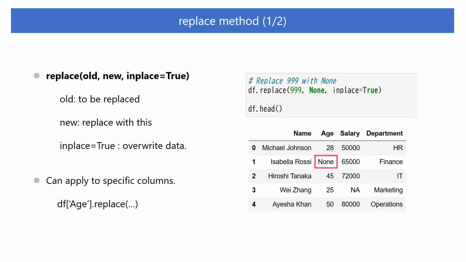Then, the parentheses are closed by inputting 999 to be replaced first, followed by None. And then, input inplace=True. We need to set inplace=True so that we overwrite the data frame. We can apply this method only to some columns by specifying the column names using square brackets.